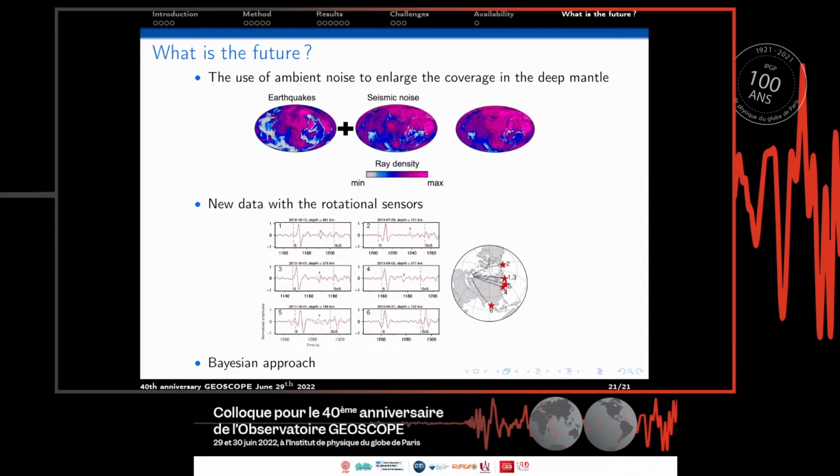There are not all of them. Maybe here again I am biased by my own research, but I have found interesting, for the past 20 years, the development of ambient seismic noise cross-correlation, where they have shown that by cross-correlating the noise recorded at two stations, you can get the Green's function.